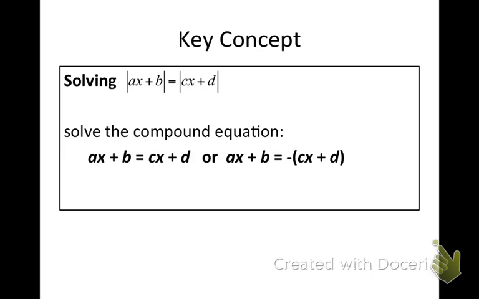But then for your second equation, you're going to have to take the negative of everything inside that second set of parentheses. So you'll multiply all those terms by a negative to get your negative direction.